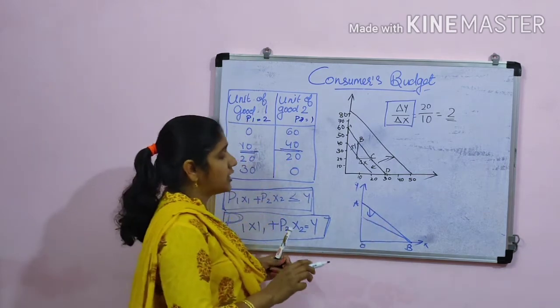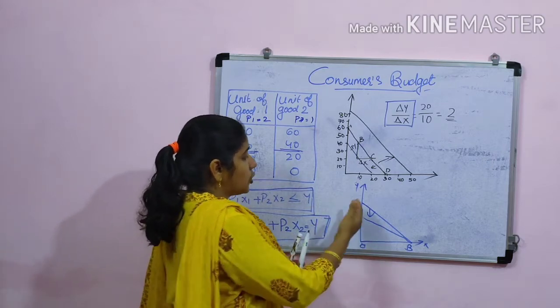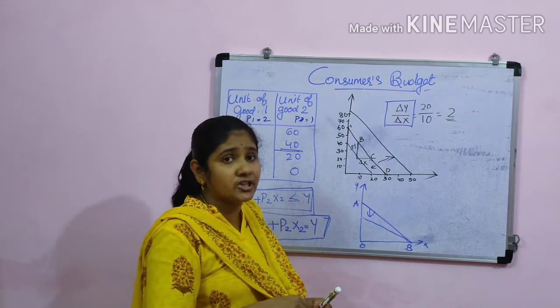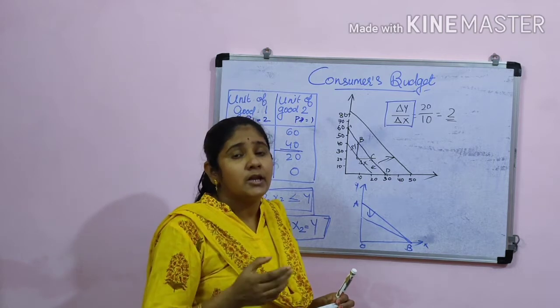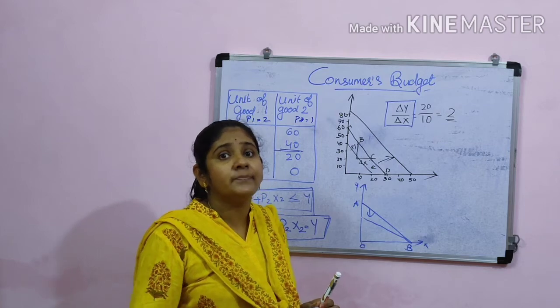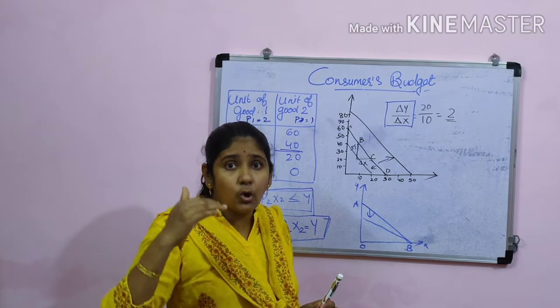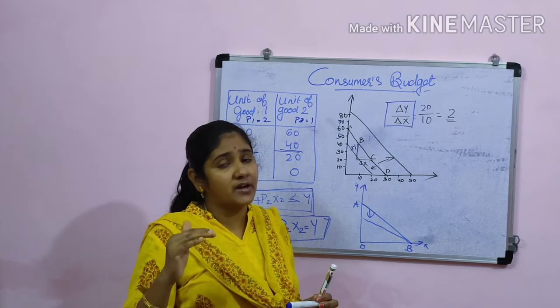It will be moving to the left direction. Because before, if the price of the commodity was 10 rupees, and now it increased to 20 rupees, now the customer is able to purchase only half the amount.